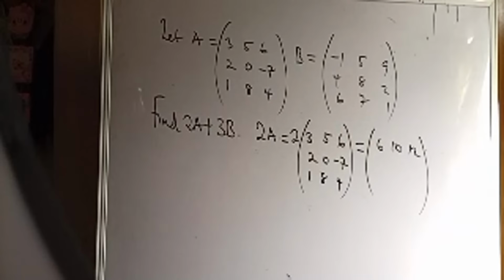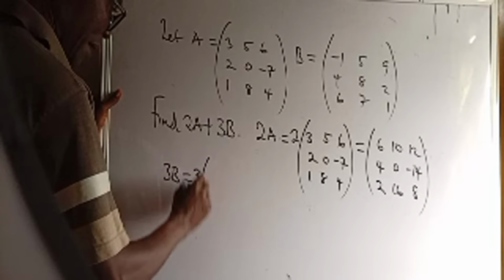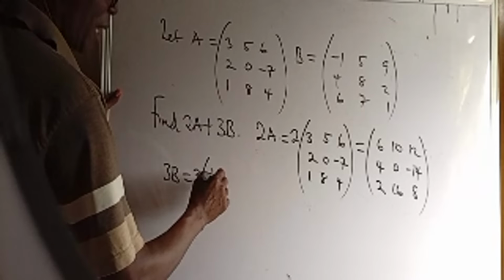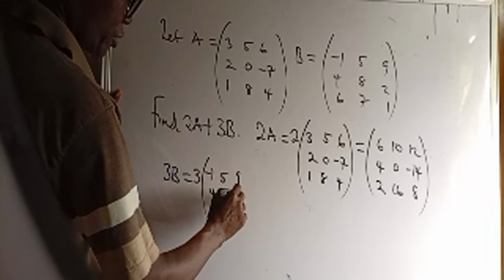Is that clear? Now 2 times 2 is 4, 2 times 0 is 0, 2 times minus 7 is minus 14. 2 times 1 is 2, 2 times 8 is 16, 2 times 4 is 8. Then 3 times B, which is minus 1, 5, 9, 4, 8, 2, 6, 7, 1.